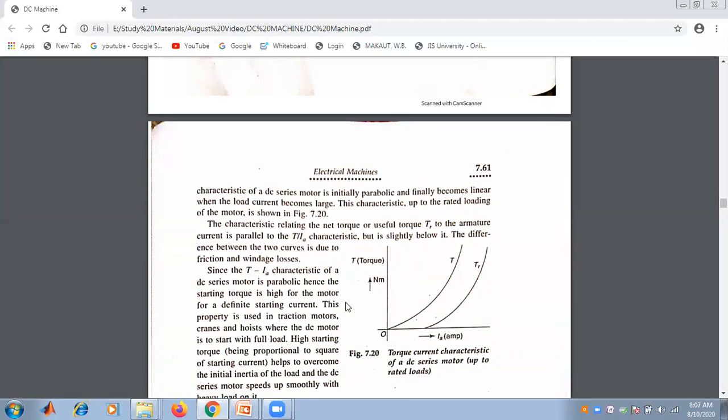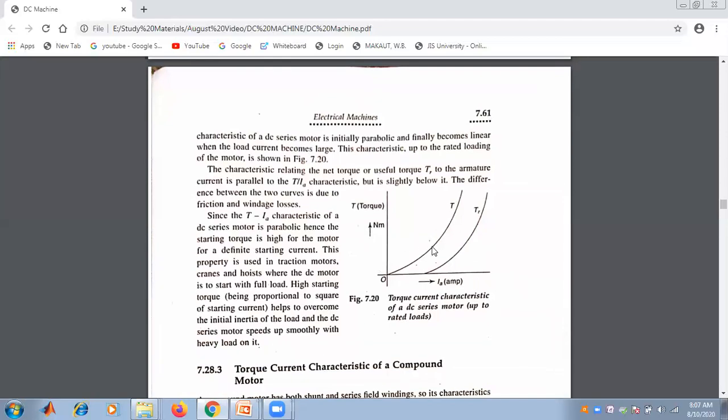The characteristic relating the net or useful torque to the armature current is parallel to the torque versus armature current characteristic, but slightly below. The difference between these two curves is due to the friction and windage loss.